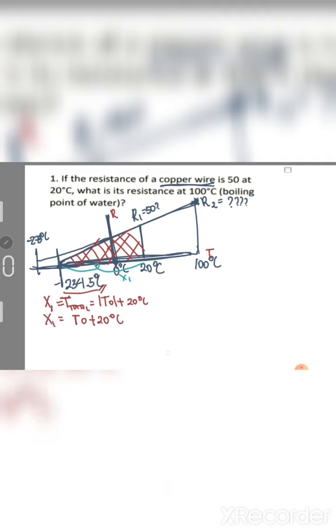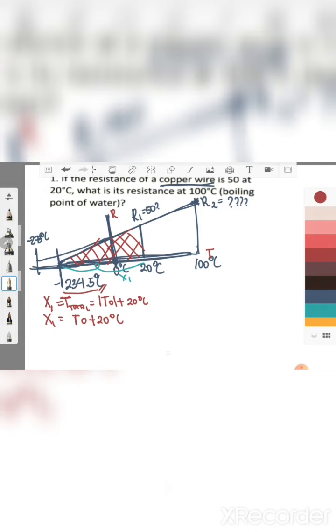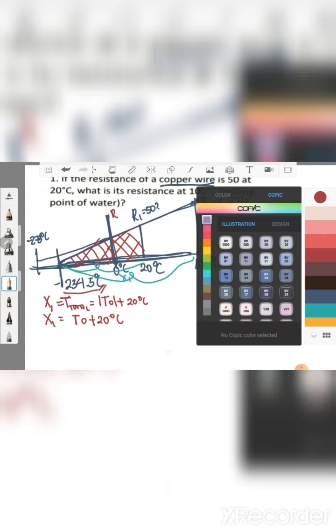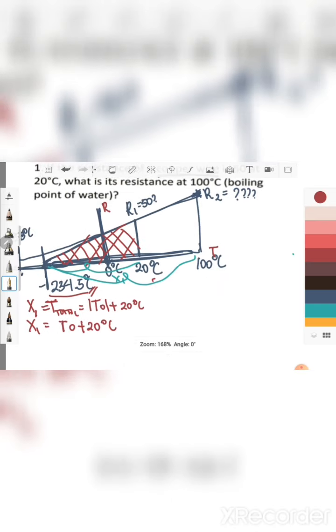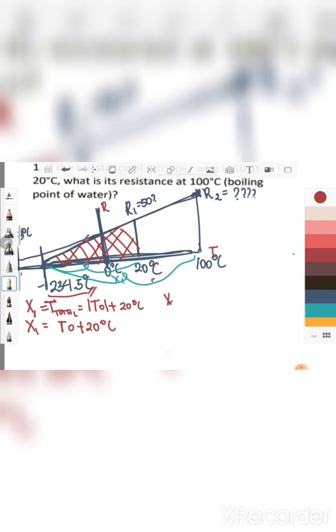What is our x2 then? So our x2 is probably this length. Okay, we have x2, which is equal to your total, TO plus 100 degrees Celsius. Okay, but what is your x2?